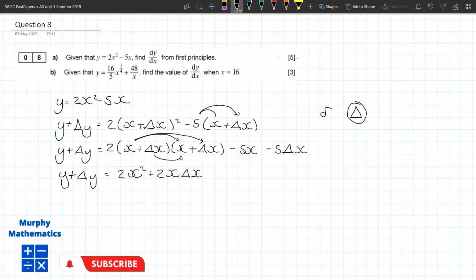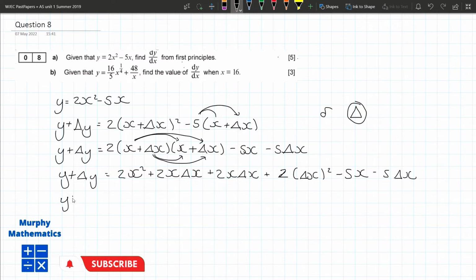So delta x times x times by 2, so plus 2x delta x. And I've got plus 2 delta x all squared, plus 2 delta x squared, and that's minus 5x minus 5 delta x. Cool.